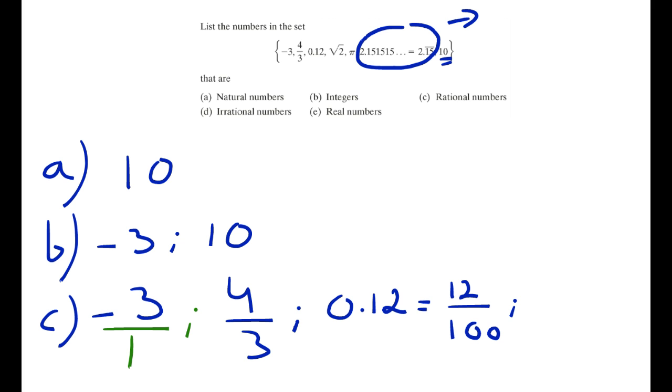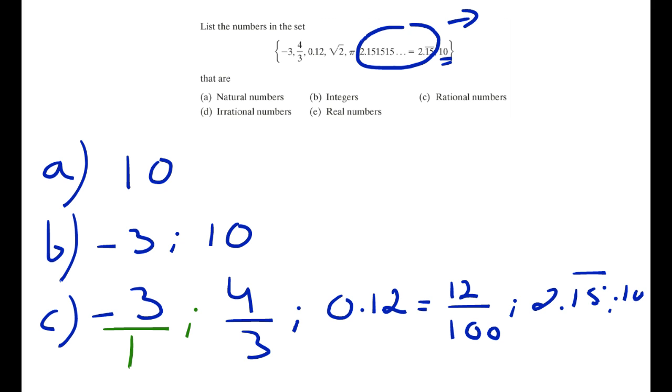As you see, it continues on and does not terminate or end, but it does exhibit a pattern of repetition. So definitely 2.15 is rational. And then we have 10, of course, which is rational.